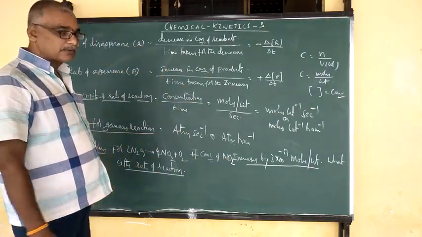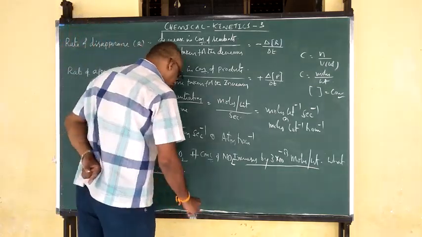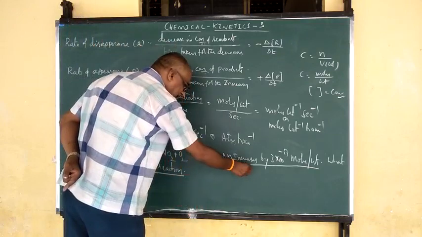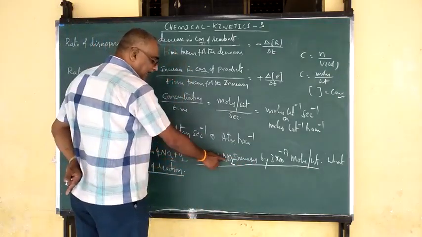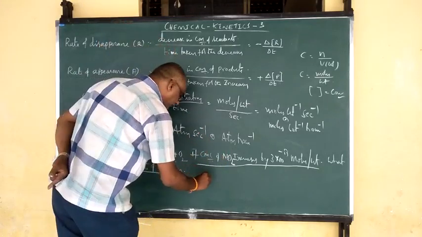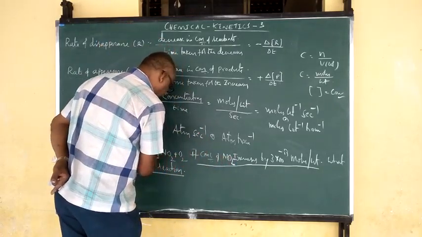Now how to do this one? If you take this equation, how do you write the rate of appearance or disappearance? This is appearance, because NO2 is taken as a product. So how do we write the rate of appearance? Here the coefficient 4 is there.